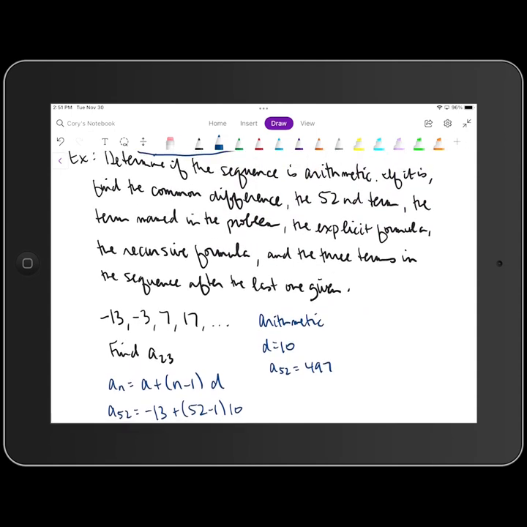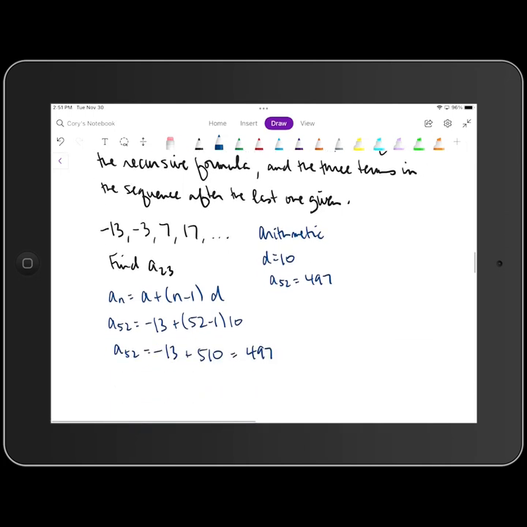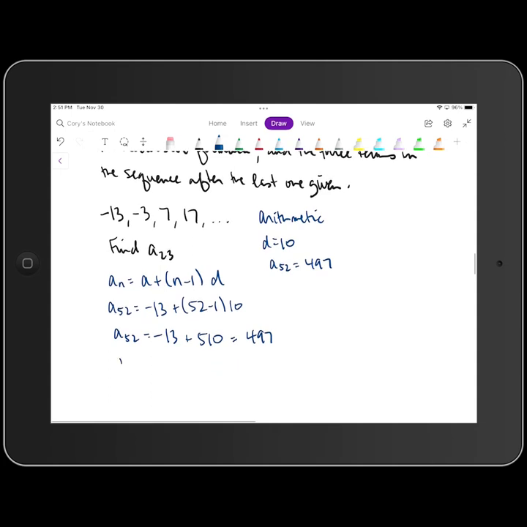Okay, so again, we've determined it's arithmetic. We found the common difference. We found the 52nd term. Next thing we were asked to find is the term named in the problem. So a of 23, so we're going to calculate that next. So if I want to calculate a of 23, I'm going to use the same formula.